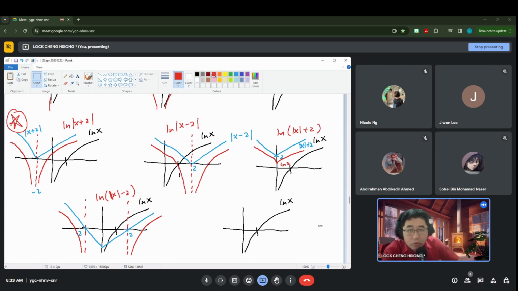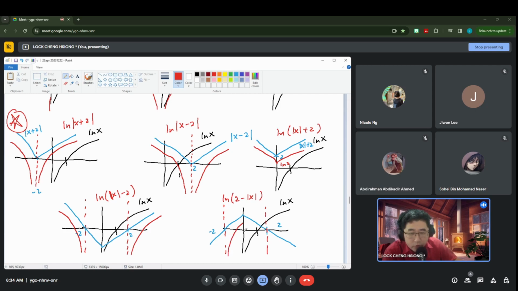So one more, let's say I have a ln of 2 minus modulus x. First I draw the blue color part, negative 2 and 2. These become the asymptotes. And on these two outer sides, there is no graph, because we know that we cannot log a negative number.